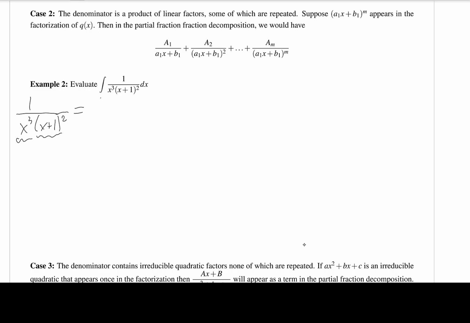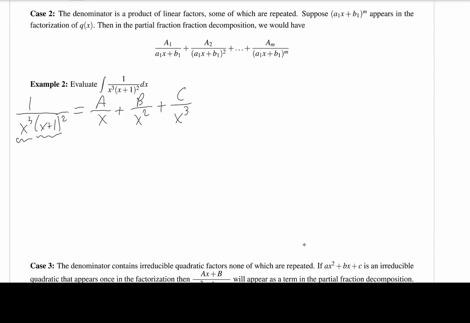So we'll have a over x plus b over x squared, and then we have to do x cubed, c over x cubed. So you have to do 1 for each of the parts of that linear factor, if that makes sense.